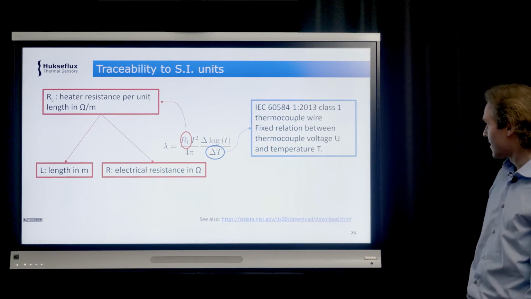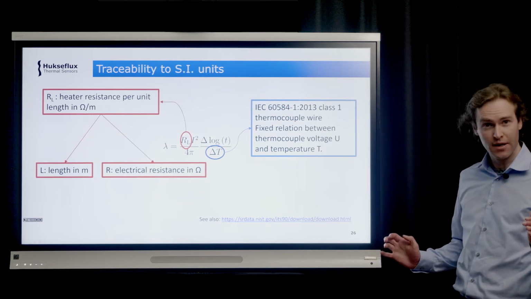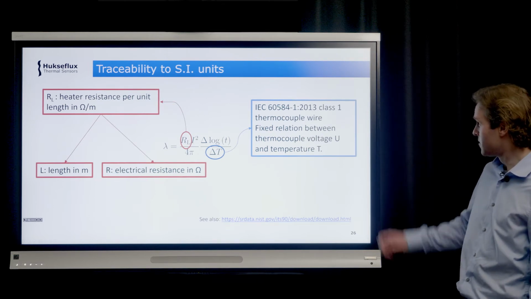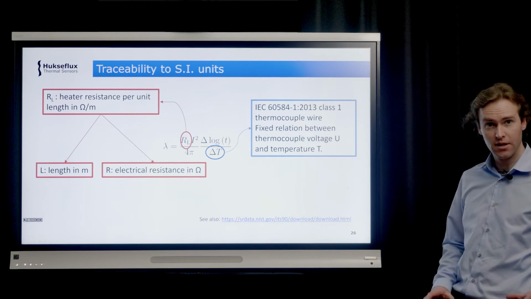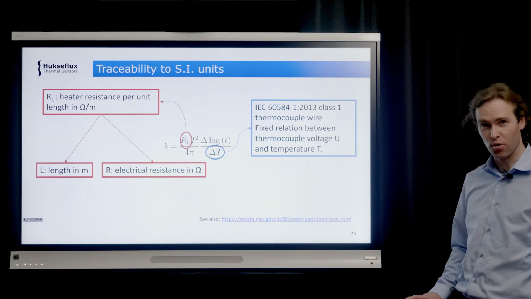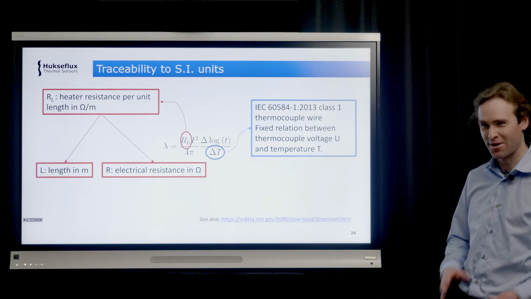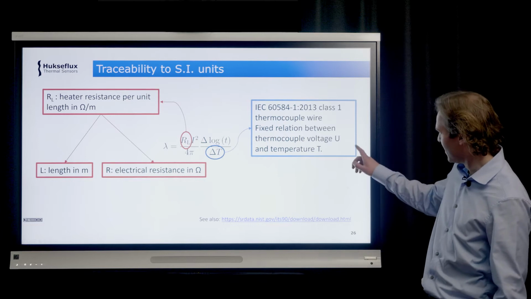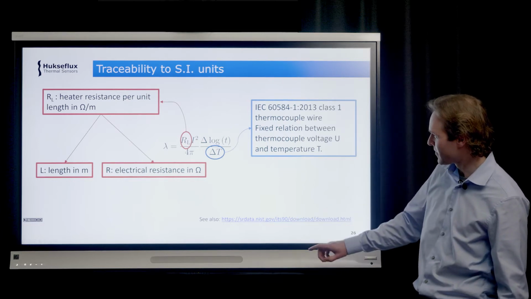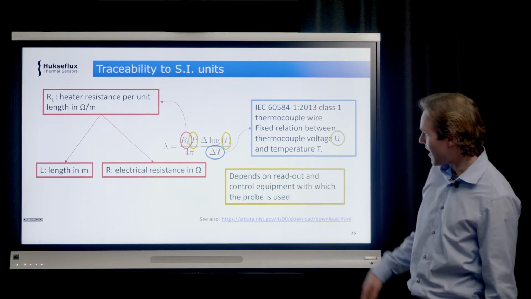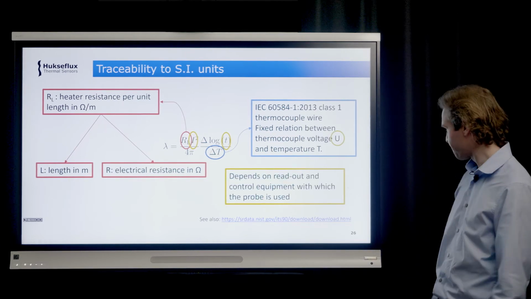The temperature is measured using a thermocouple that meets a certain standard, and this standard fixes the relation between the temperature and the voltage. Of course, now I shift the problem from measuring the temperature to measuring the voltage. So we need to worry now about this voltage. There are a few other quantities, namely the heater current, I, and time t.